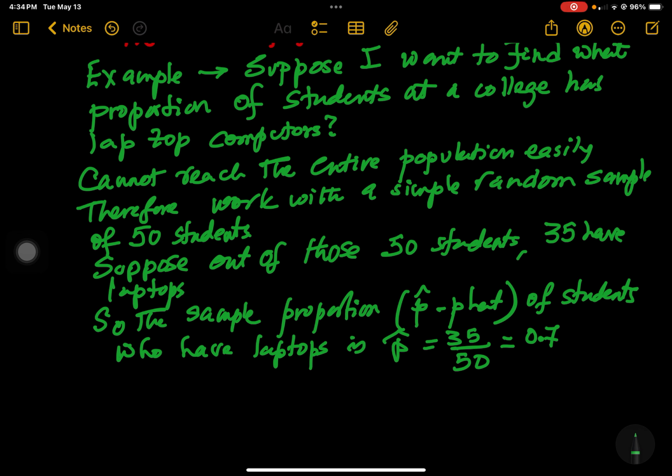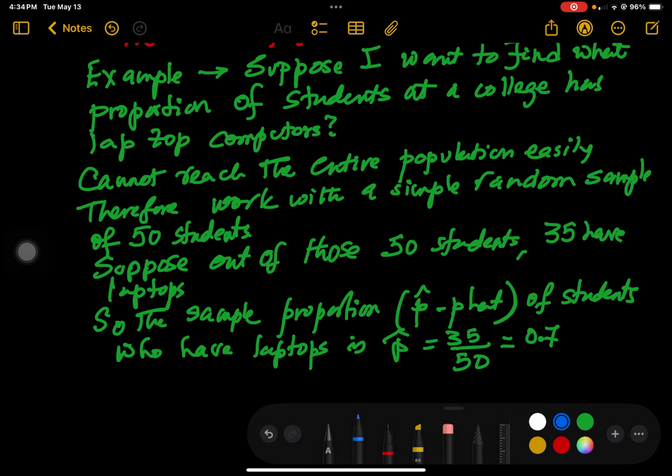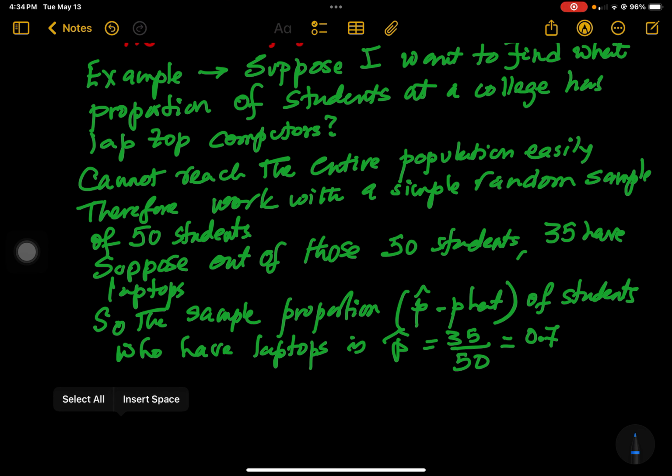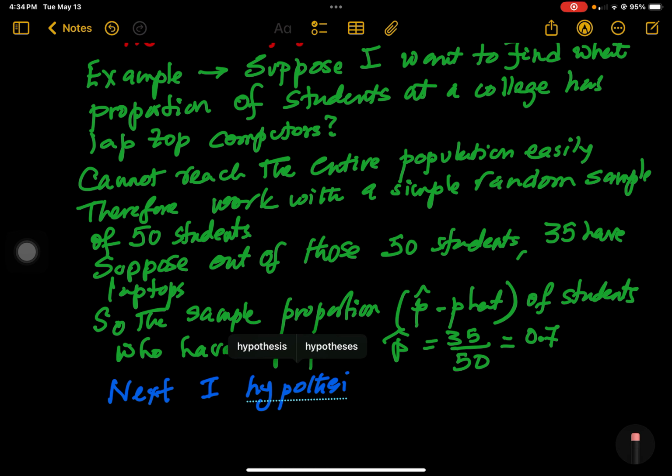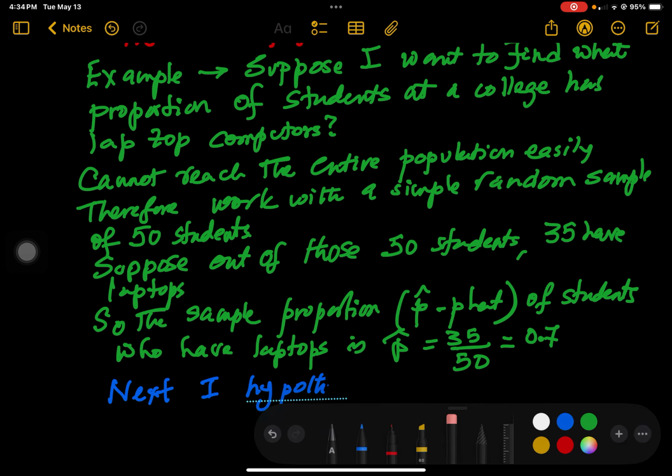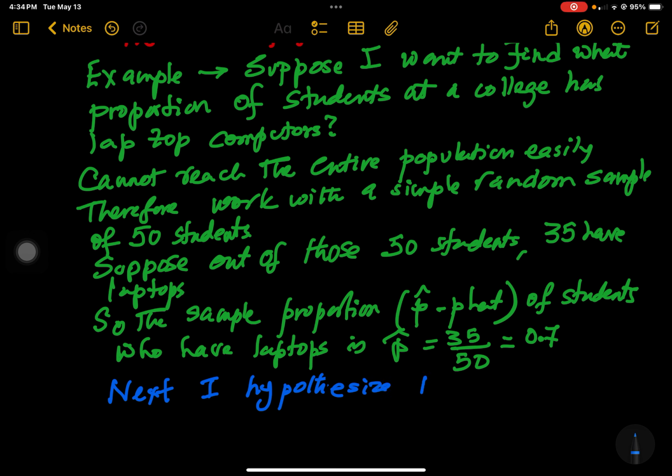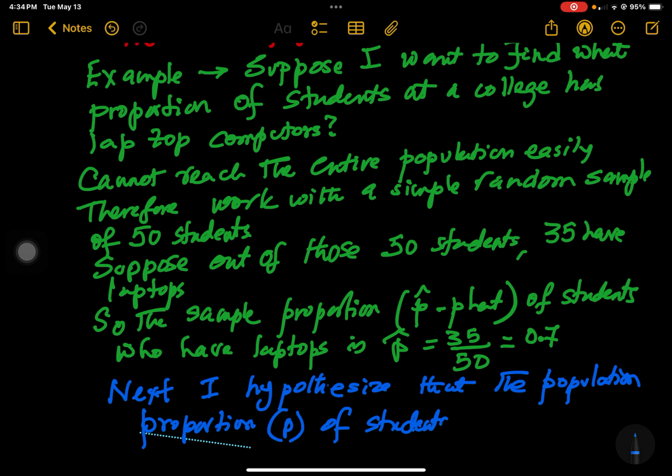Let me change the color of the ink now. Next, I hypothesize that the population proportion P of students with laptop is 0.68.